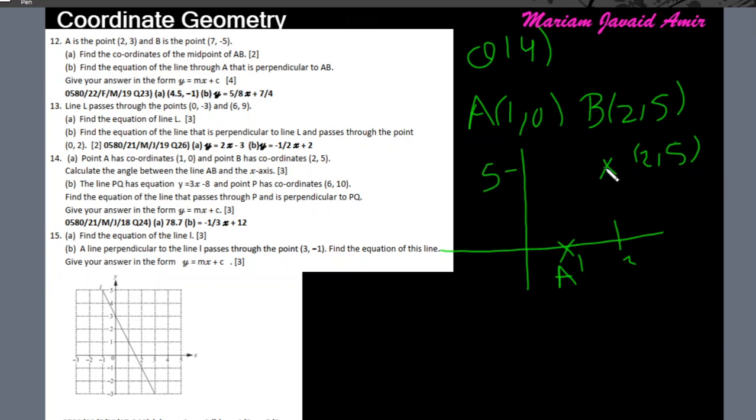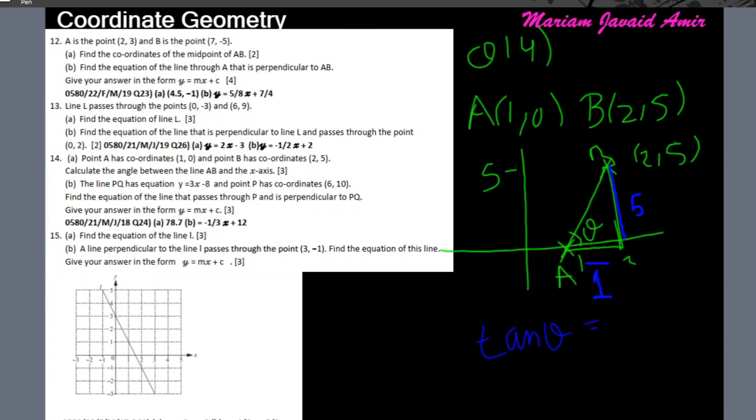So we need the angle between the x-axis and this line passing through A and B. So we'll use tan theta, and we know this length. Starting from 0 to 5, this is 5, and starting from 1 till 2, this is 1 unit. So that's why I'm using tan theta.